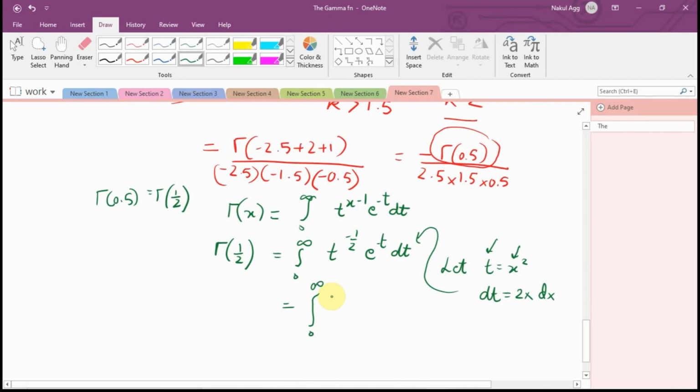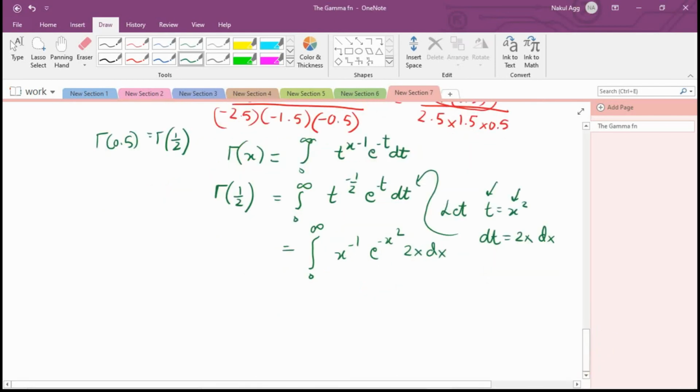So we have integral 0 to infinity x raised to power minus 1 e raised to power minus x square, and dt can be written as 2x dx. So the integral further evaluates to 2 into integral 0 to infinity e raised to power minus x square dx.